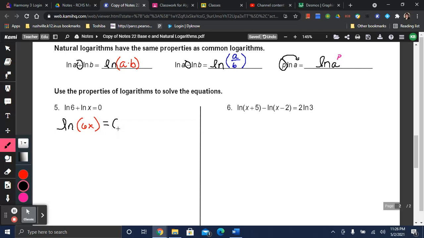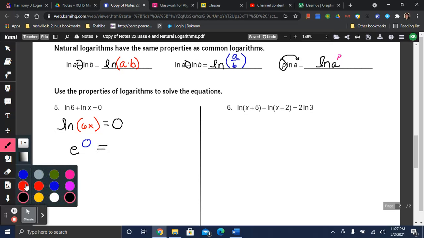Now we have this single logarithm, so I can convert it to e. My exponent is the 0, so e to the 0 power equals the argument 6x.